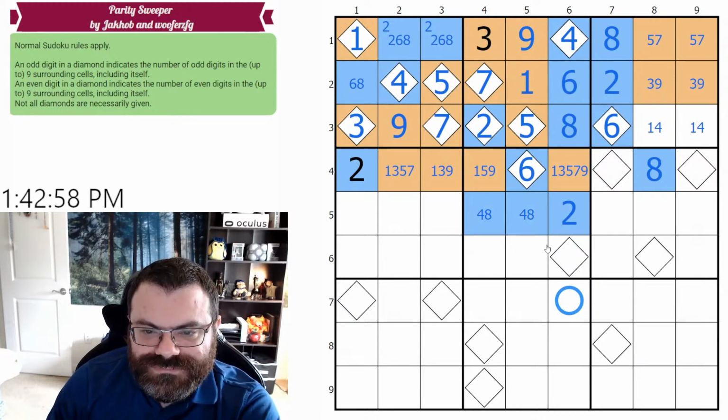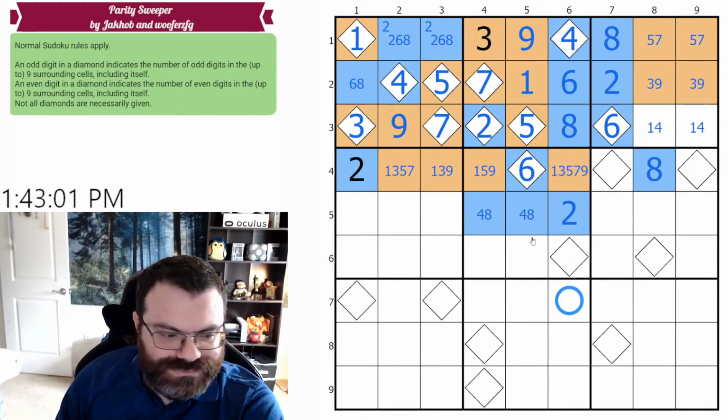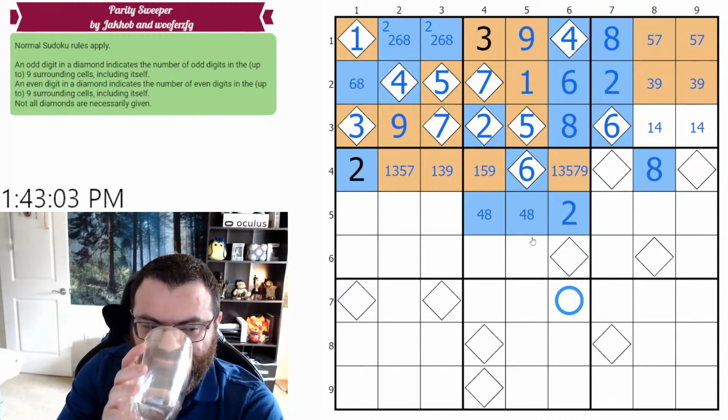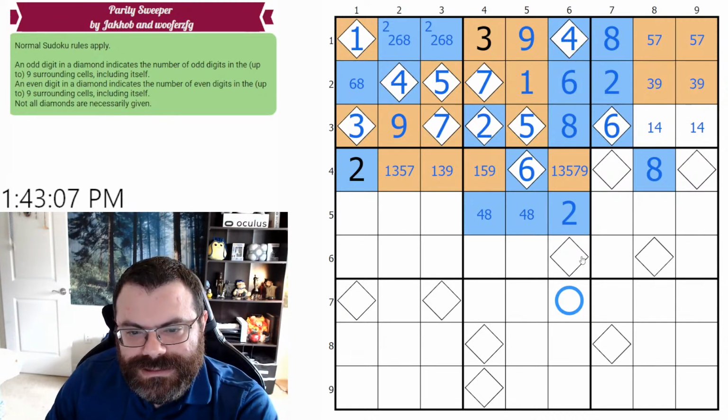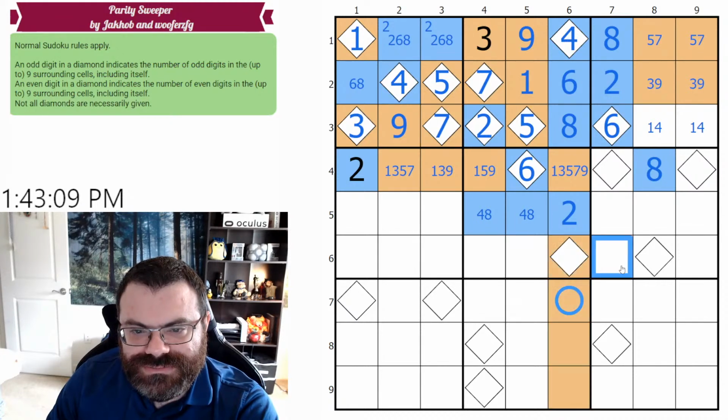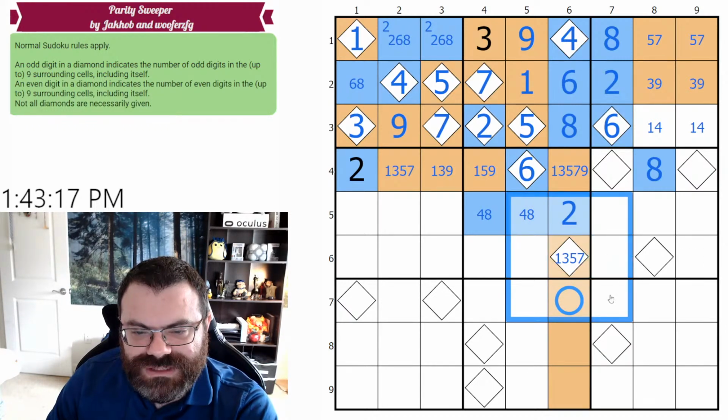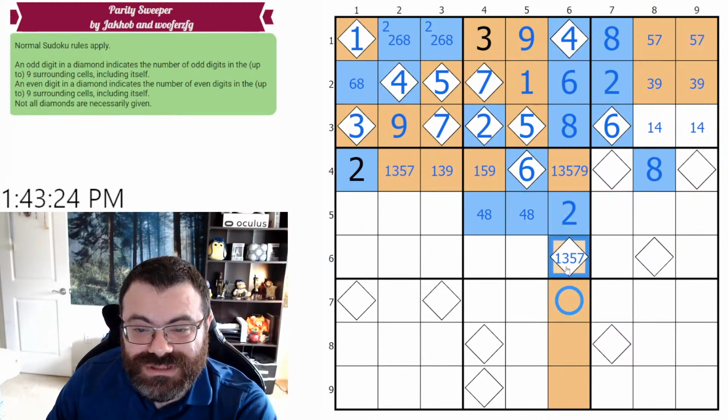That's a 4, 8. These are all odd. This can't be a 9 anymore. It'd be a 7. If it was 7, all of these would be odd. That actually seems possible at the moment.